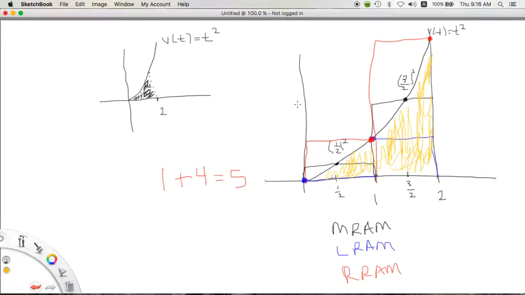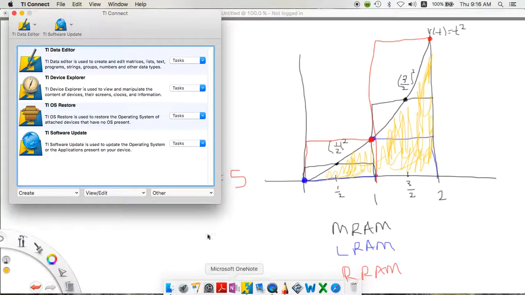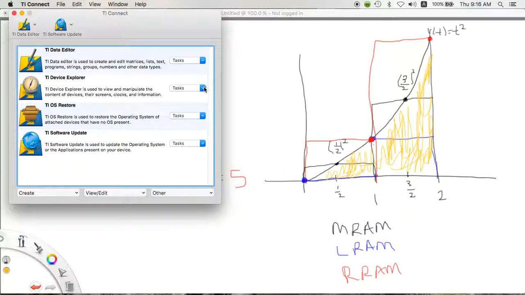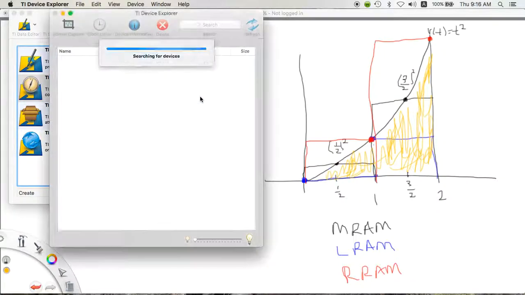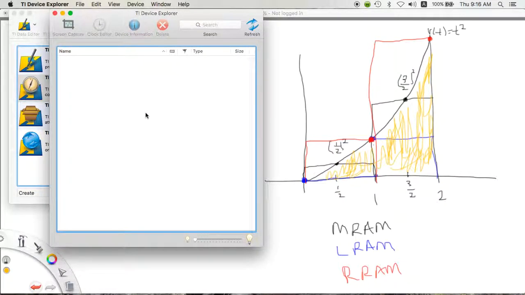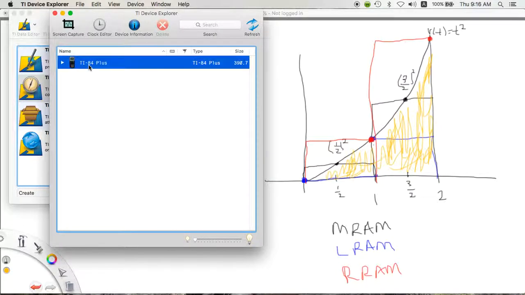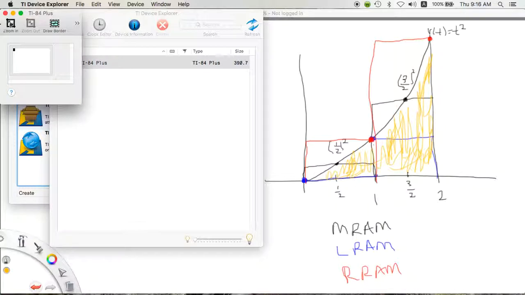So I'm going to give you a program for your calculator that will help you calculate this out. Let's see if we can get this thing to work today. I'll give you the program in print form so you can type it in, and we can also do the link up so that you can get it a little bit easier.